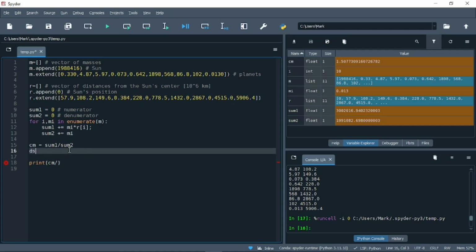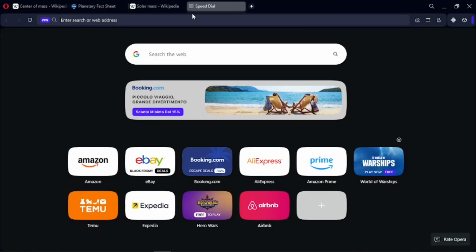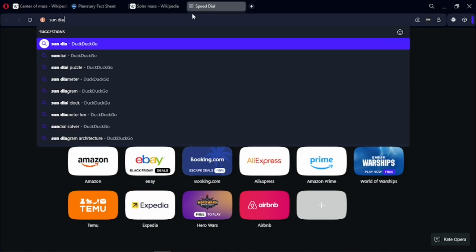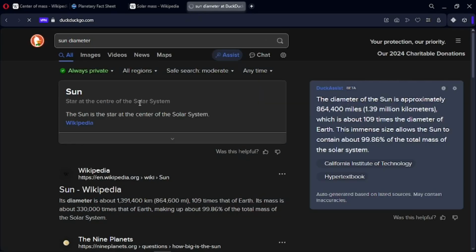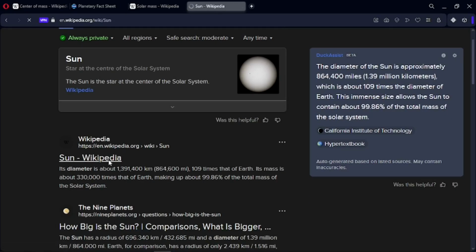The diameter of the Sun is, this is the Sun's diameter, which is from Wikipedia.